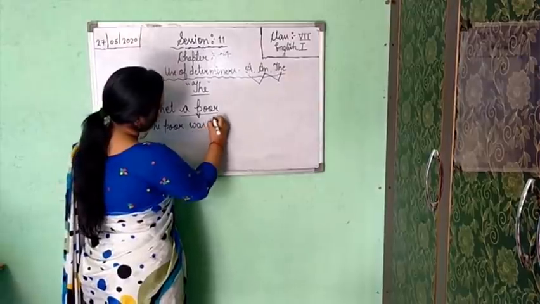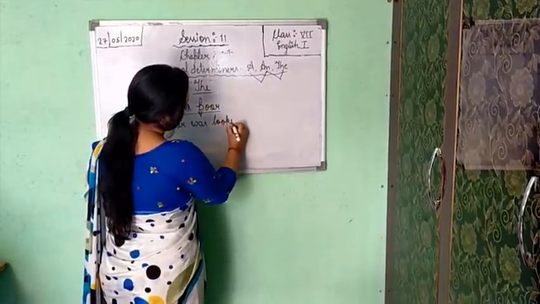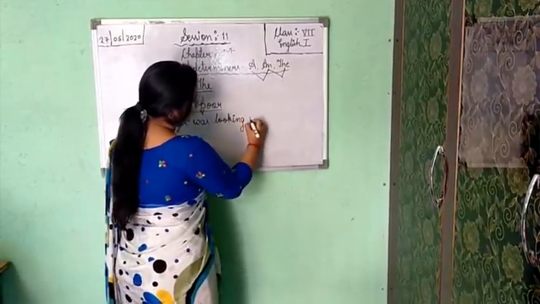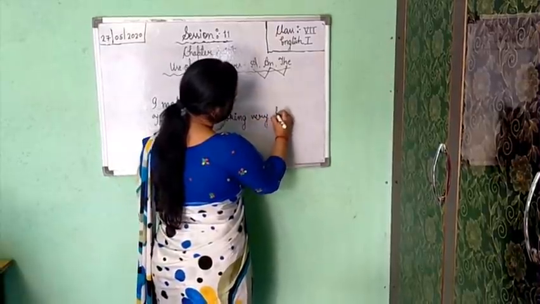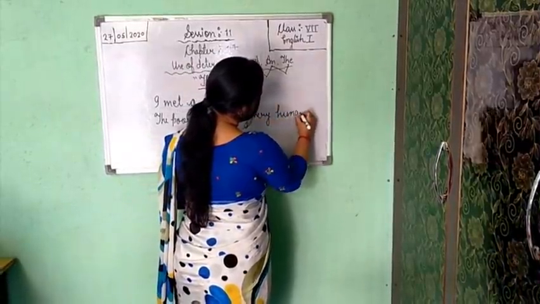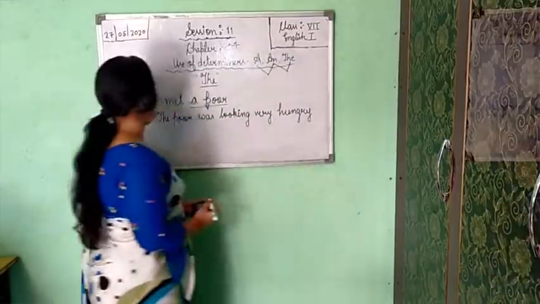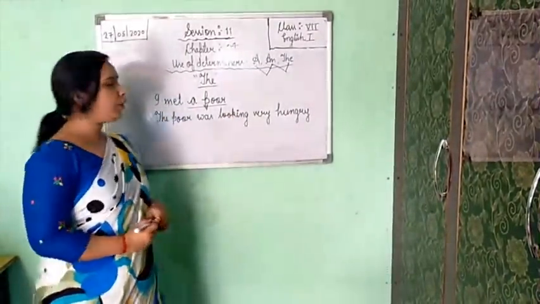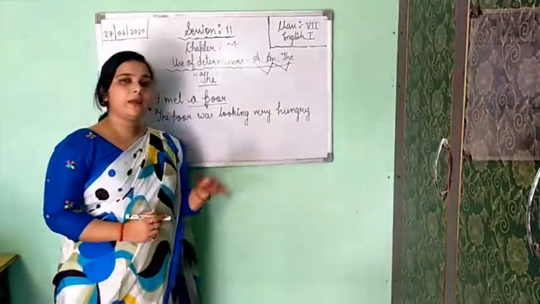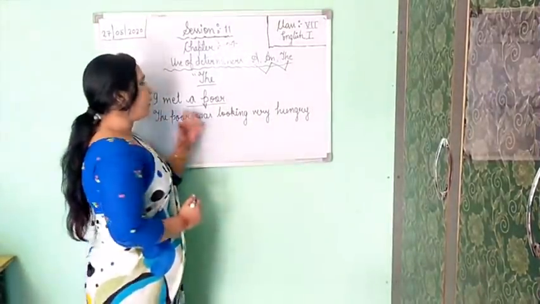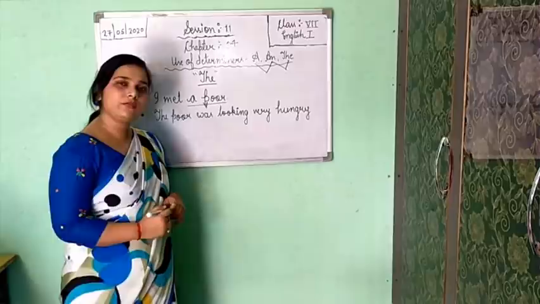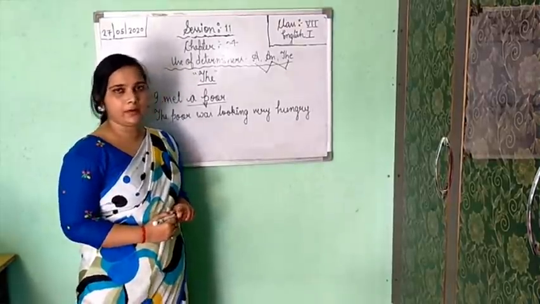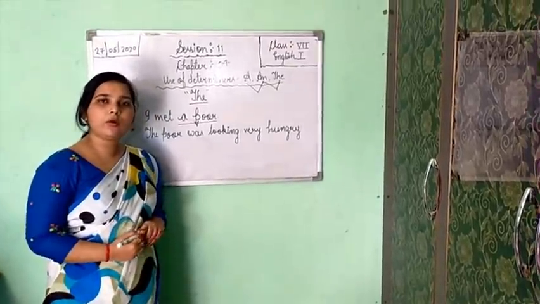was looking very hungry." Now see here, "I met a poor. The poor was looking very hungry." Now you see, when we are denoting a person or anything, firstly we will use the indefinite determiner according to the sound of the noun.